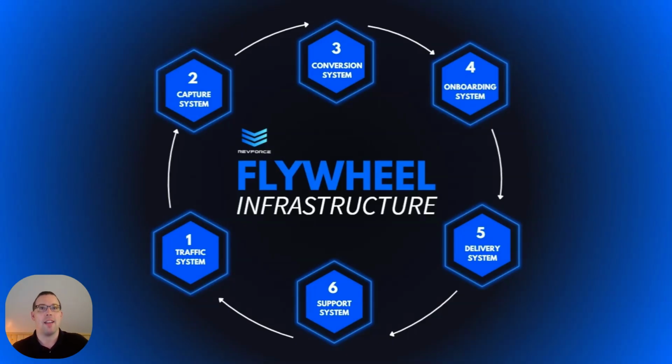Number 1 is traffic, how leads find you. 2 is capture, how leads enter your system. 3 is conversion, how they become your customer. 4 is onboarding, what happens between saying yes and the work getting done. 5 is delivery, how the customer receives your product or service. And 6, support, what happens after the work is done. These 6 systems cover the entire life cycle of a job, from lead generation to long-term retention.